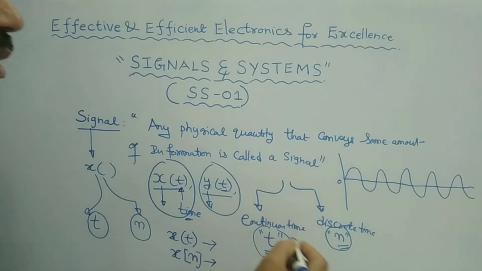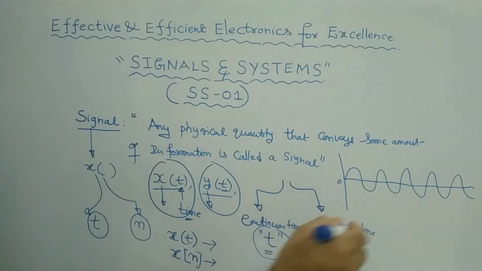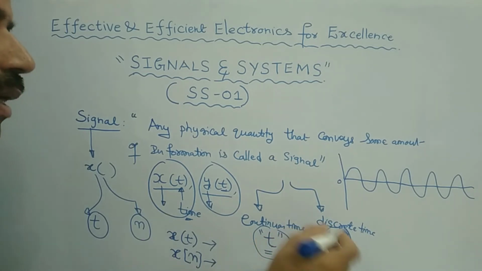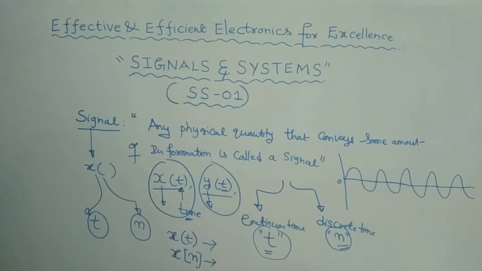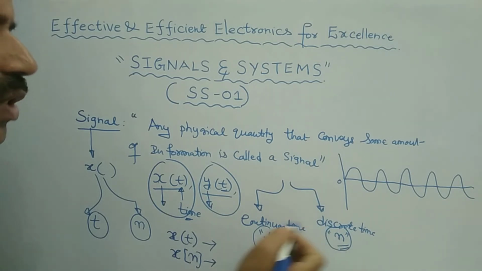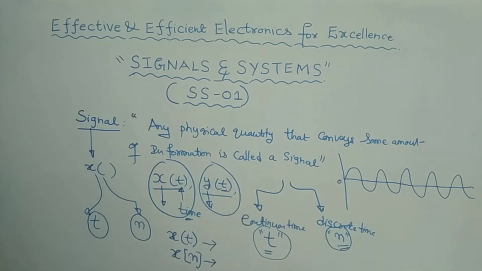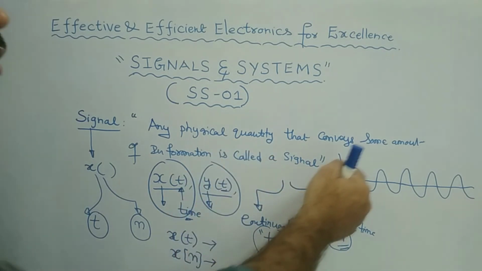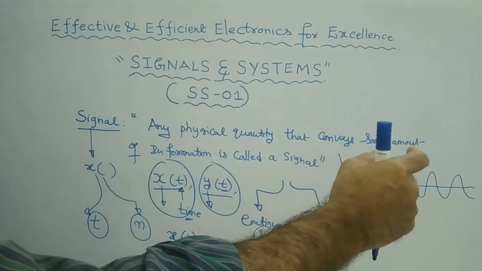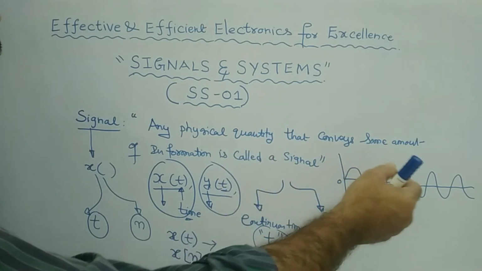Whereas if you consider discrete time, discrete means it is not a continuous one. It is basically the opposite of continuous. So in discrete time you will not have this kind of continuation in the signal. Certain gaps will be there.